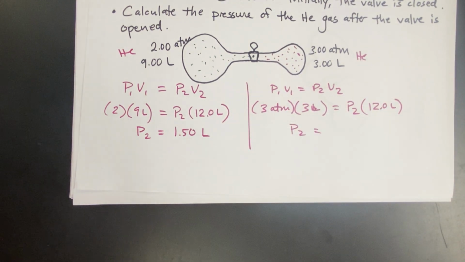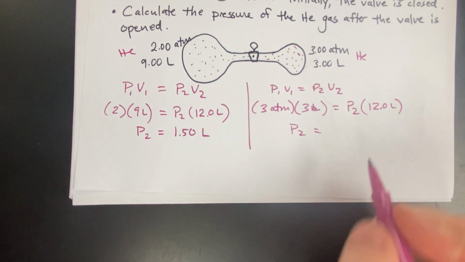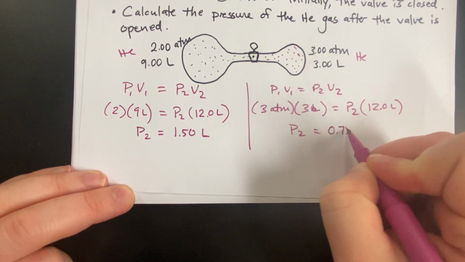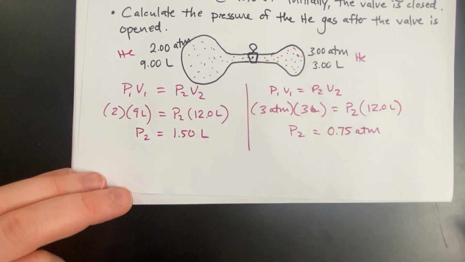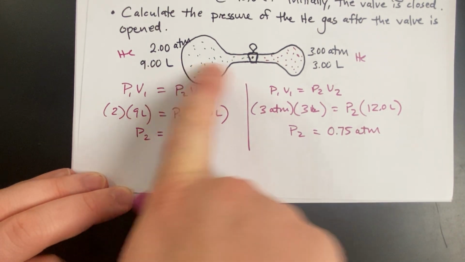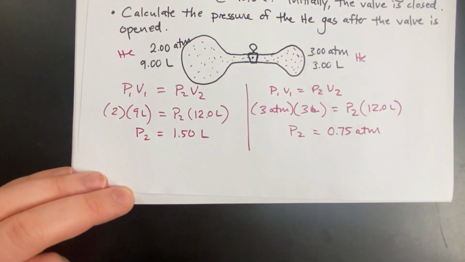You might actually be able to do that one in your head. That is 0.75 ATM. Now, this is the pressure of the green one when it opens. This is the pressure of the pink one when it opens.